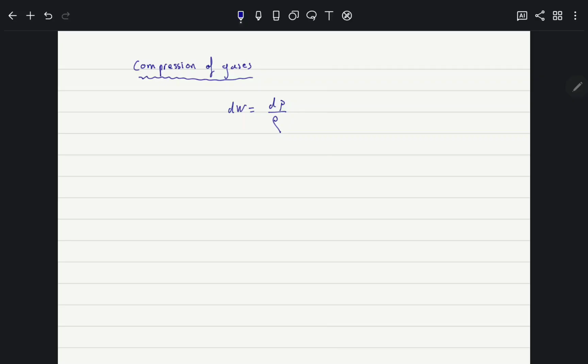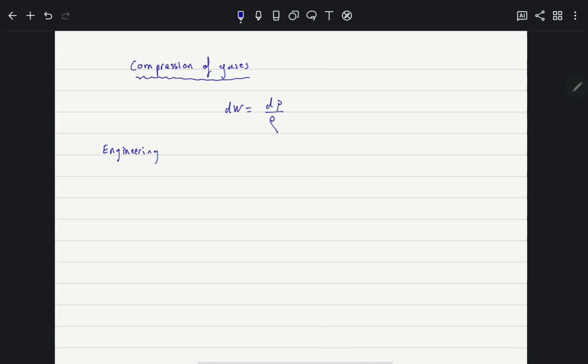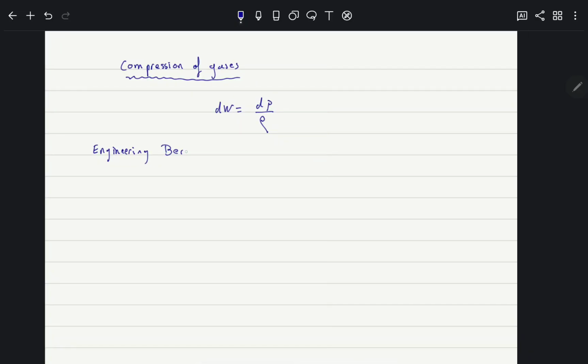Alright, if you want me to remind you the entire equation, which we saw earlier, it's basically the engineering Bernoulli equation, which was written as 1/2 alpha times (V2 square minus V1 square) bar.